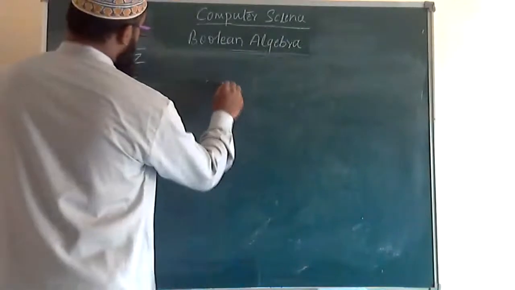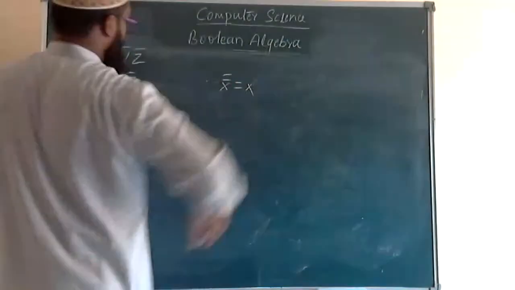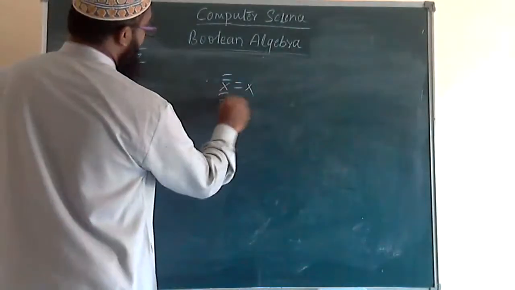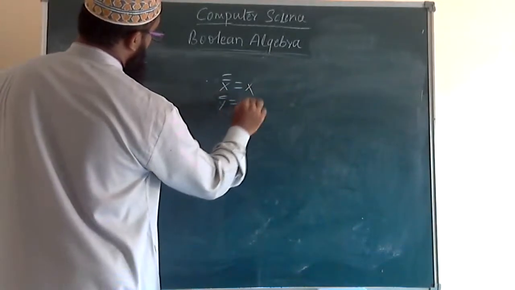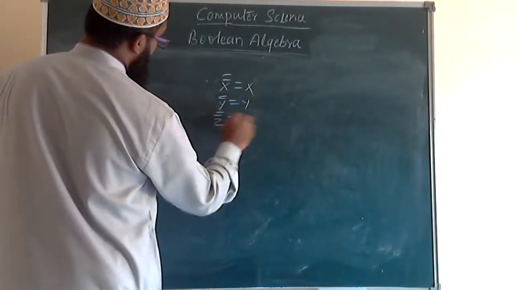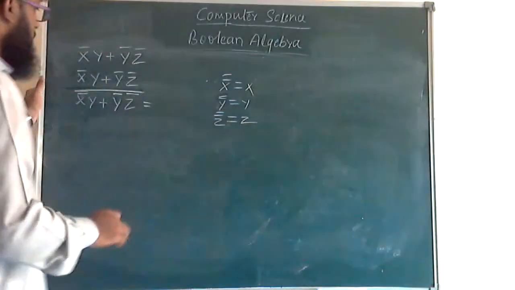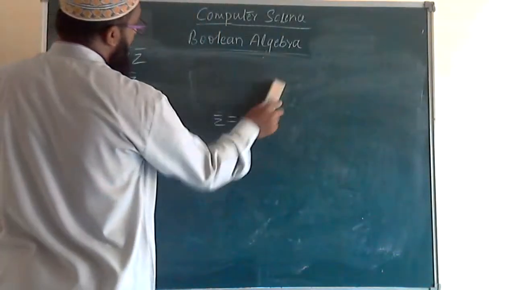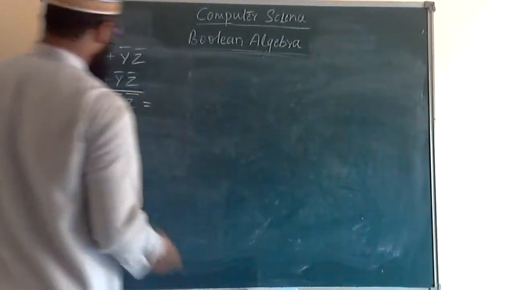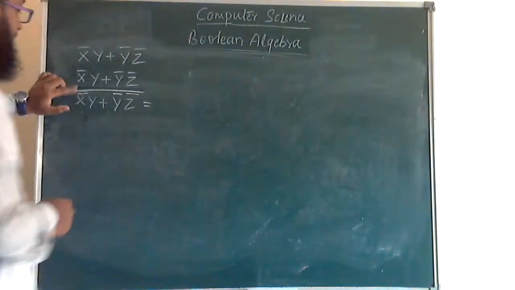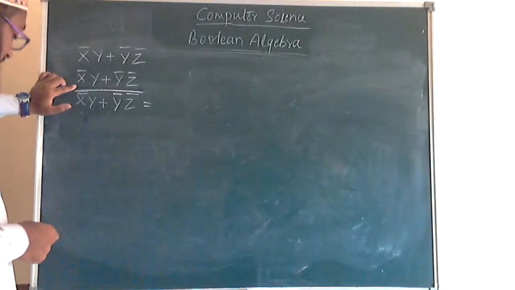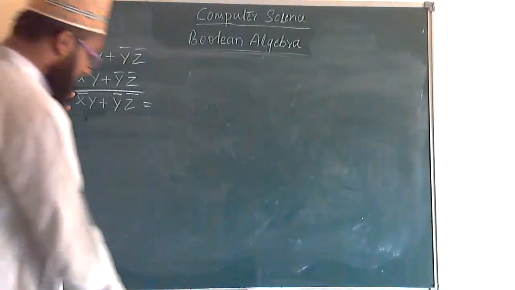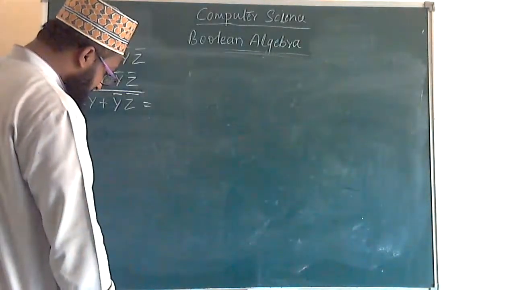That means x double bar is equal to x, y double bar is equal to y, z double bar is equal to z. So x double bar is there, and we have to take it as it is.